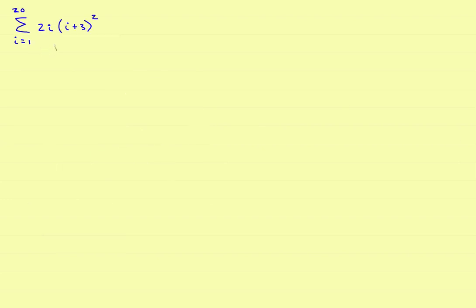Again, sometimes you've got to do a little work with them first. Let's take a look at this one. Before I can solve the thing, I've got to FOIL this part out, because this is like having I plus 3 times I plus 3. So this would be the summation from I equals 1 to 20 of 2I times, and when you FOIL this out, you would get I squared plus 6I plus 9.